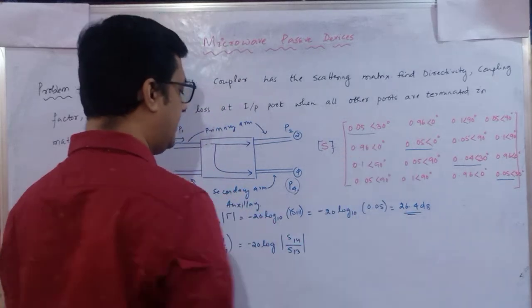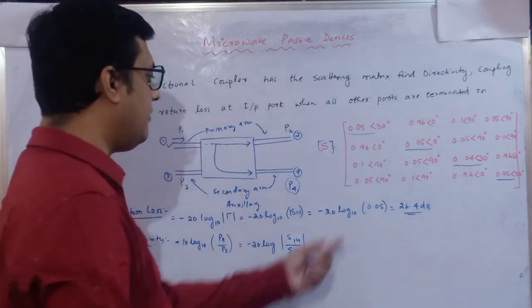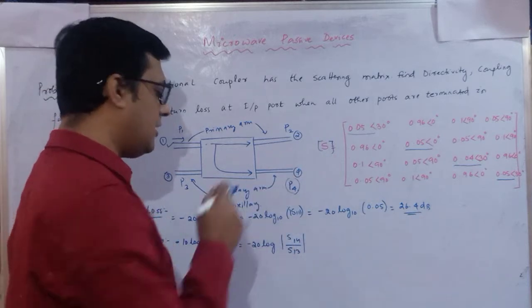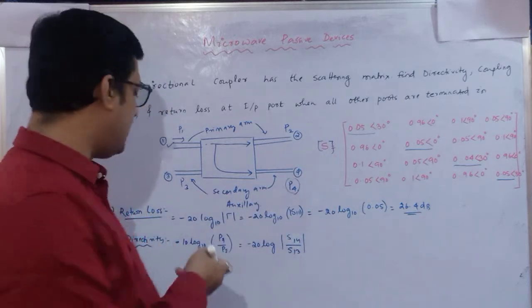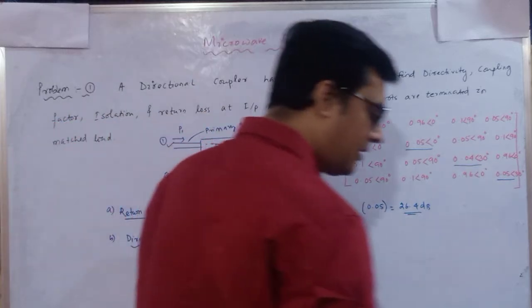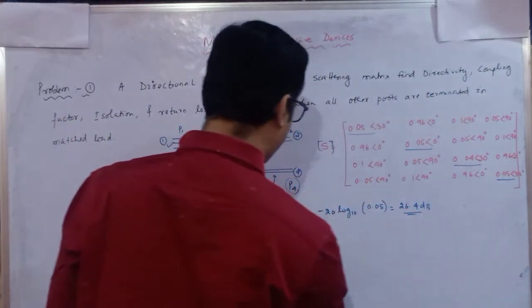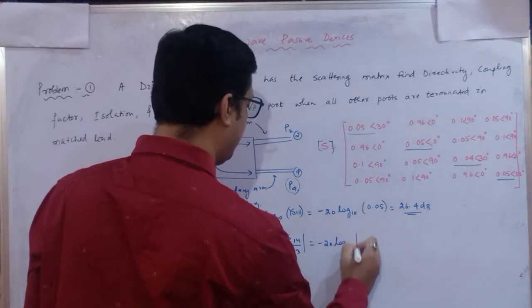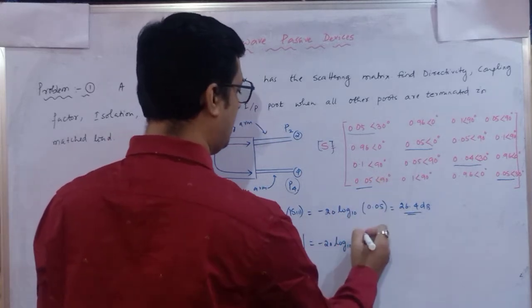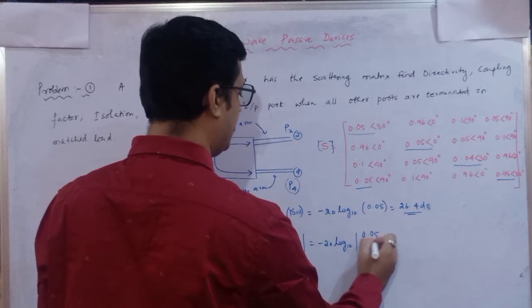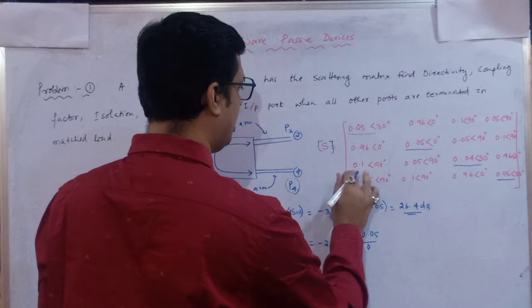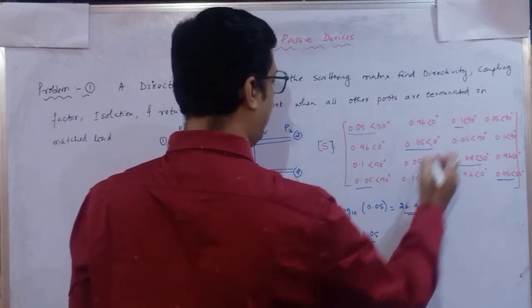From this you can substitute S14 and S13, and if you substitute here you will get your directivity. So if I substitute minus 20 log base 10, S14 is 0.05 and S13 is 0.1.